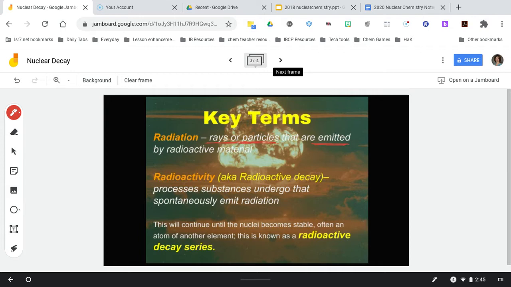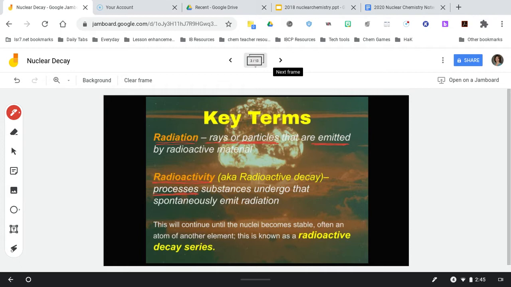Radioactivity is the process of decay of a nucleus. So it's a process. When that unstable nucleus breaks down or decays, it gives off particles, and we call the particles radiation. Radioactivity is the process.